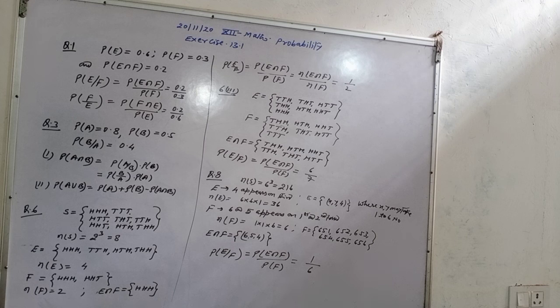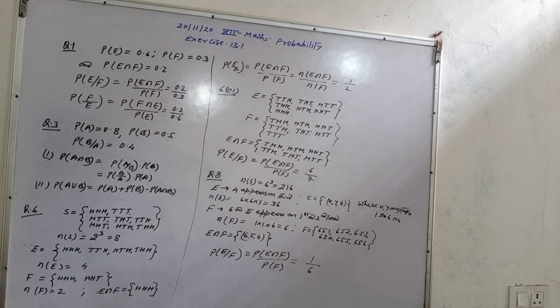Now in F, 6 and 5 appear on the first 2 throws respectively. So 6 in the first, 5 in the second throw. Means in the first 2 throws the numbers are fixed. Means 1 option for the first throw, 1 option for the second, and for the third throw it may show any number from 1 to 6.